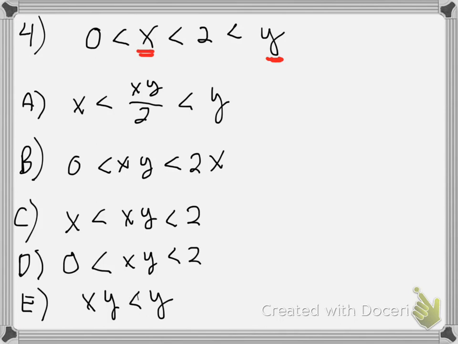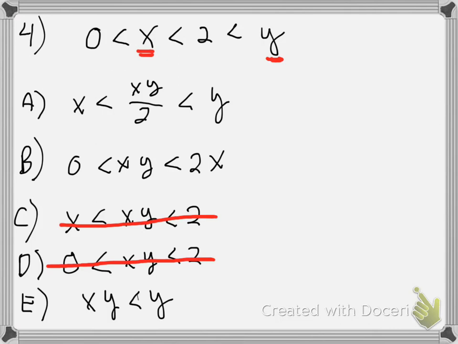Now, so if x is 1.9 and y is 456,000, x times y is never, ever, ever going to be less than 2. So you know what? These two things just go away. We came up with a counterexample.